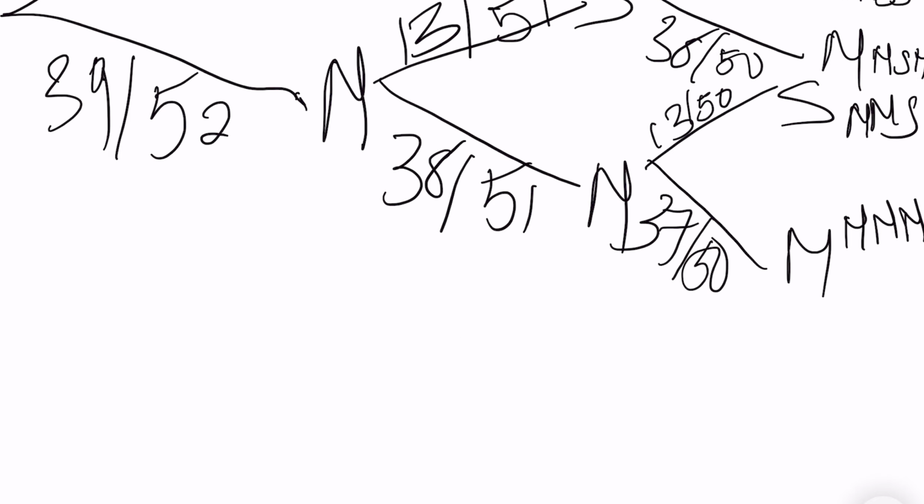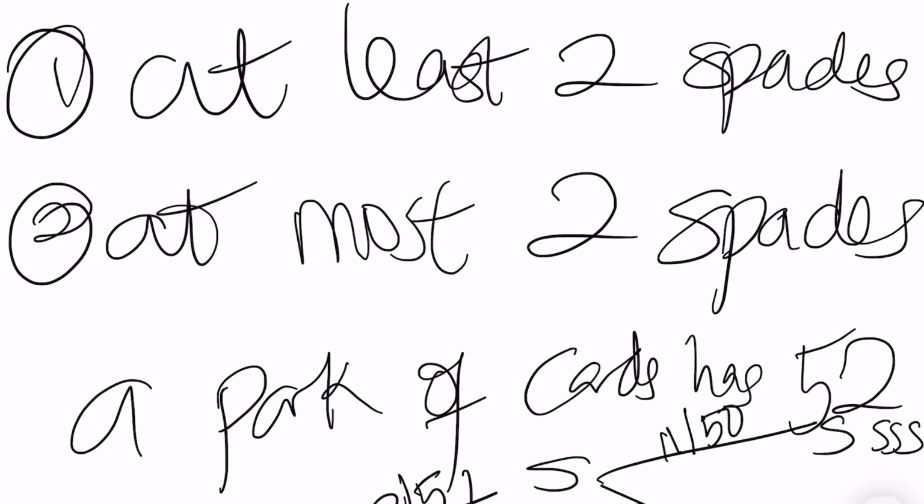Now probability of getting at least 2 spades will be the probability of getting 2 spades or 3 spades, because probability of getting at least, so it has to be 2 and 3.